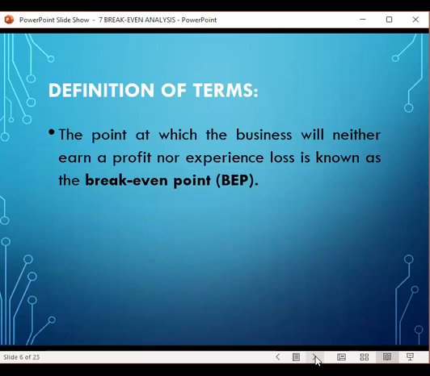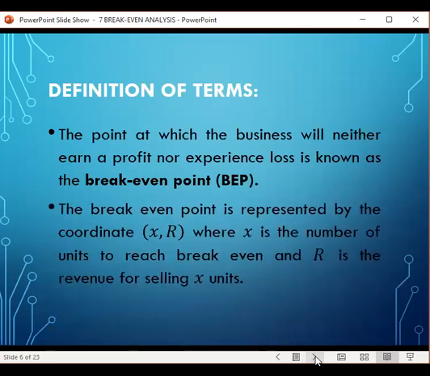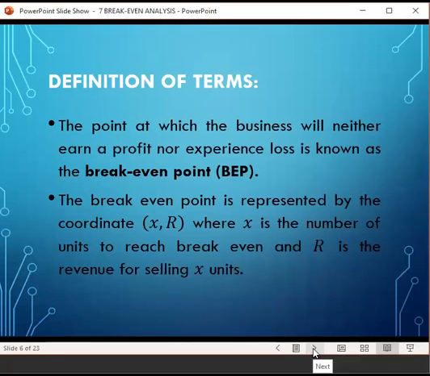Now the point at which businesses will neither earn a profit nor experience a loss, that's called the break-even point. And it is usually represented by a coordinate, with the first component as the number of units being reached and R as the revenue for selling X units.